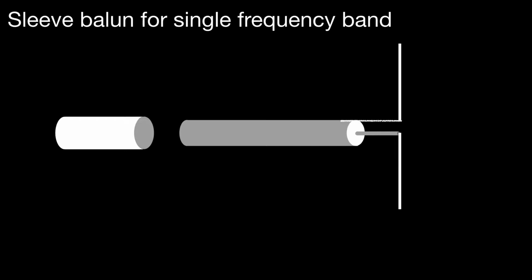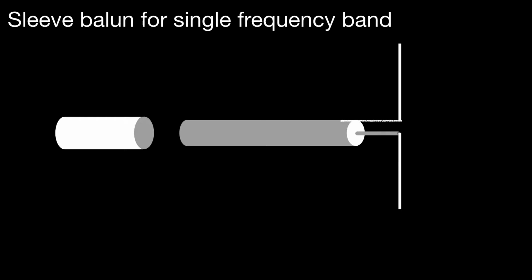So transformer baluns are not the only types of baluns that are used. Here we have a sleeve balun. On the right hand side is a normal piece of coax with the braid connected to one arm of a dipole, perhaps a half-wave dipole, and the centre conductor connected to another arm.